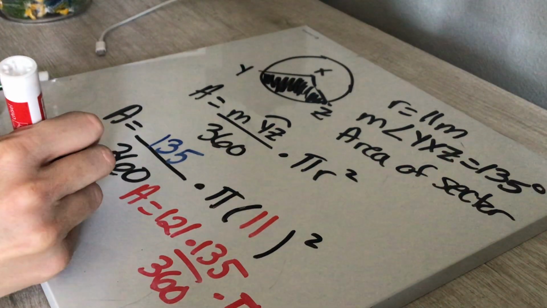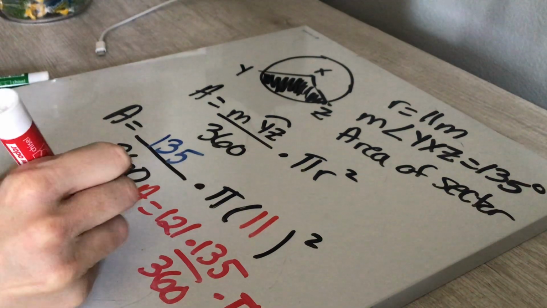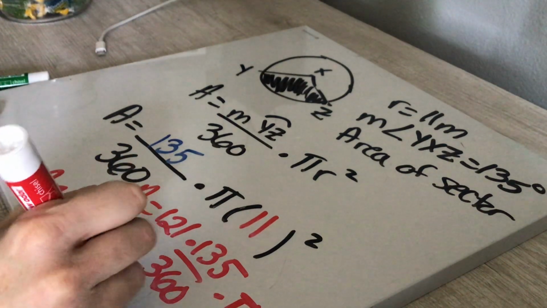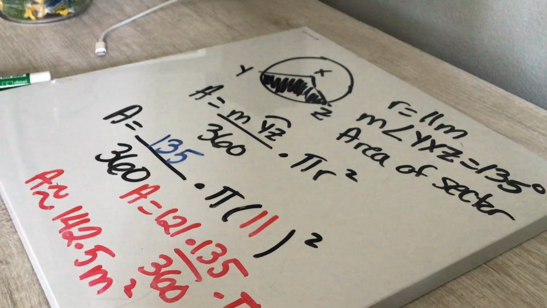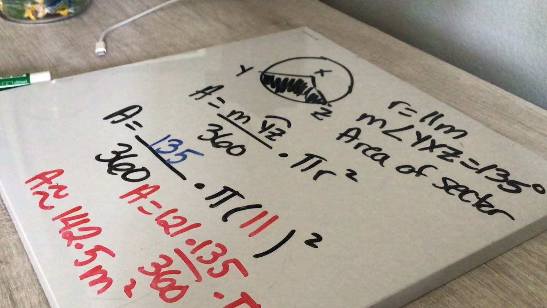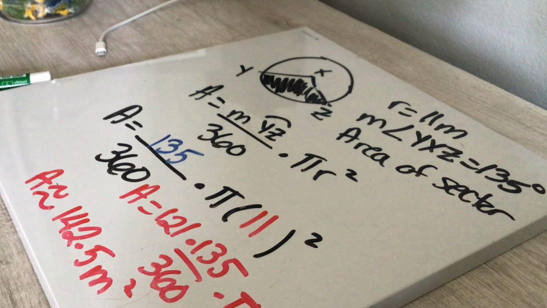And as a decimal, that is about 142.5 meters squared. Okay, if we're using pi, it's going to be 45.375 times pi.